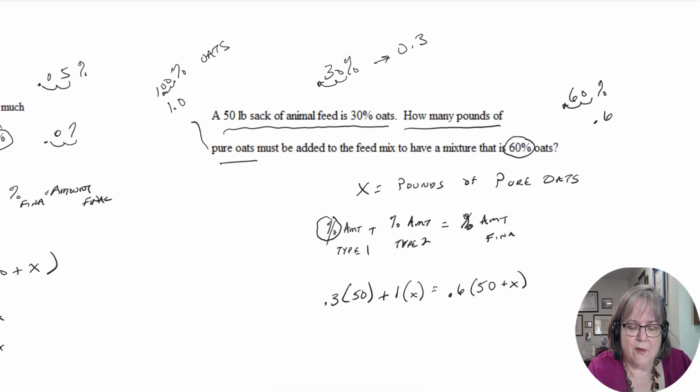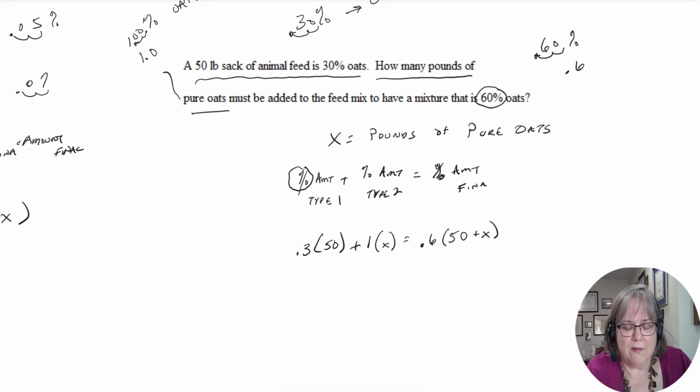So look over your equation. 30%, 0.3 times the initial amount, 50, plus what I'm going to add in, 100%, which is 1, times some unknown amount, which is X, equals 60%, 0.6, times the total amount I end up with, 50 plus X. That seems like it's on the right track.